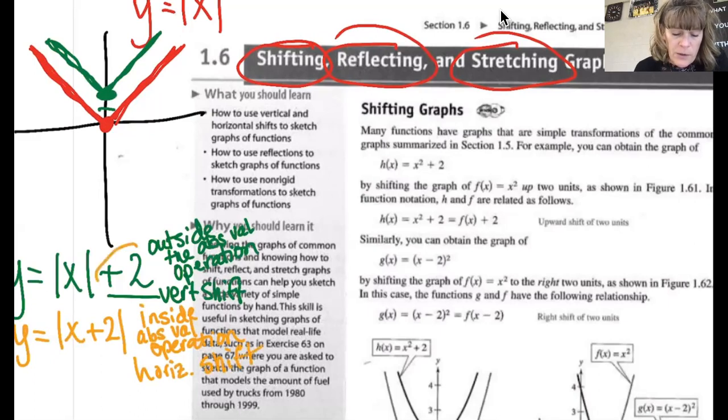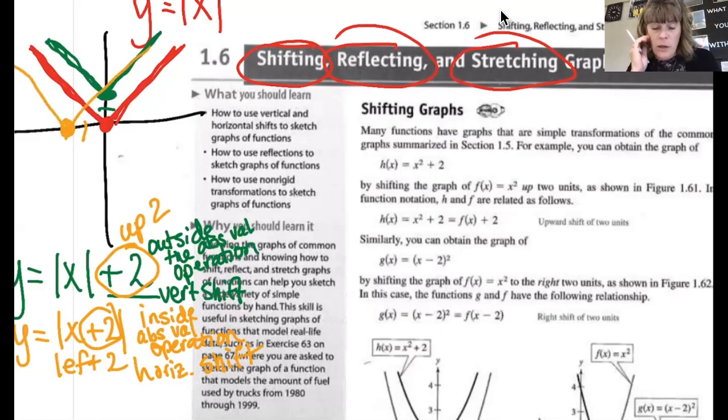And the plus 2 went up 2. The plus 2 here is going to go left 2. So it's going to go in the opposite direction. So we're going to move our vertex 2 units to the left. And now we have our 45-degree angle from there. Okay, so that is a shift.